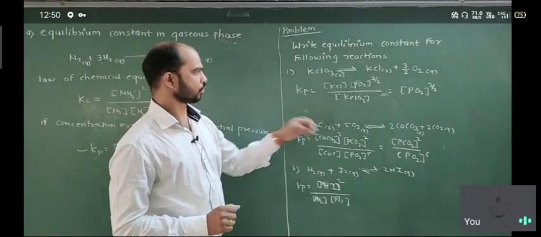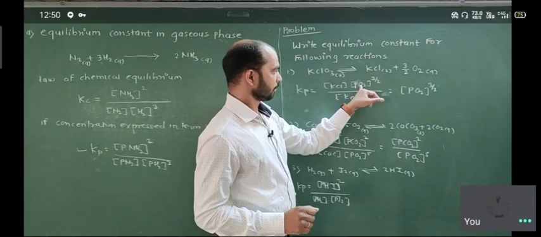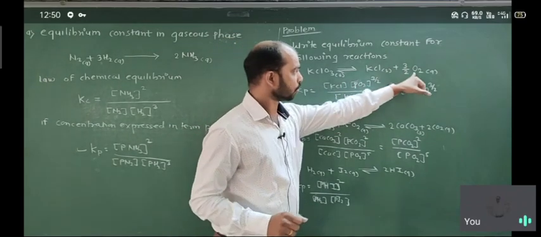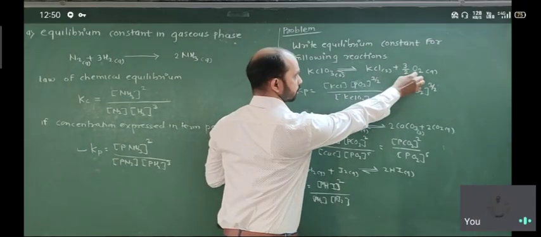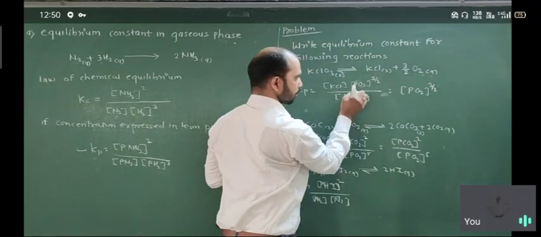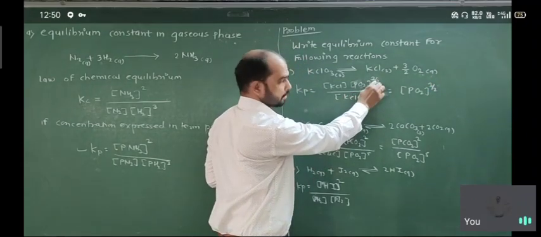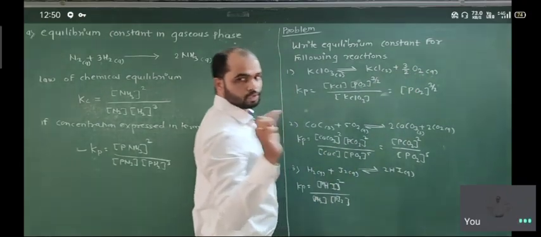So Kp is equal to the concentration of KCl into the concentration of O2. Here we use PO2, because oxygen is present in a gaseous state and a gas has a partial pressure, and its power is 3 by 2 because in the chemical equation 3 by 2 molecules are given.